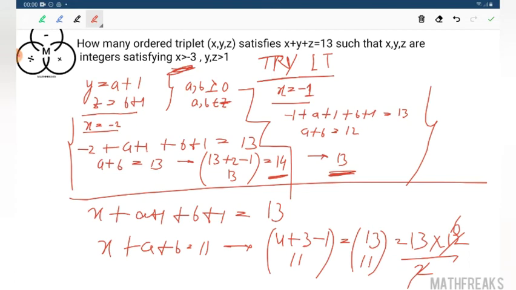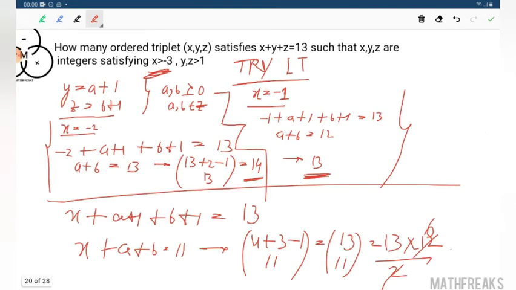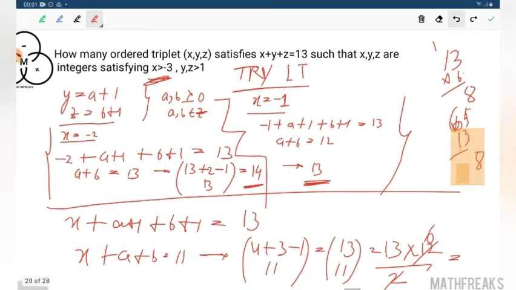6 into 13. What is the value? This is 65 plus 13, 78.